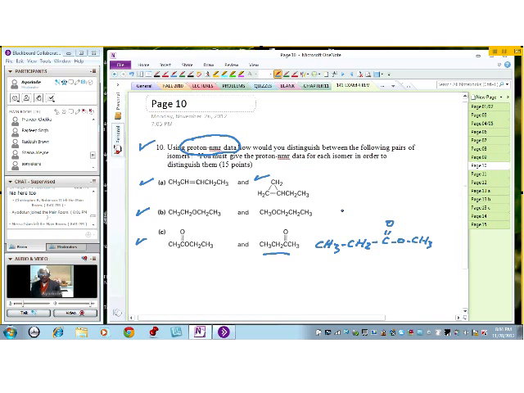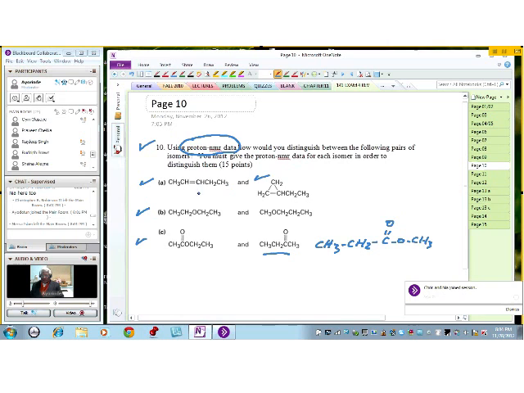So what you find here is just another way of testing your knowledge of the nuclear magnetic resonance spectroscopy. In this case, we are looking at the proton NMR. So they want us to distinguish between this compound and this compound using the proton NMR data.